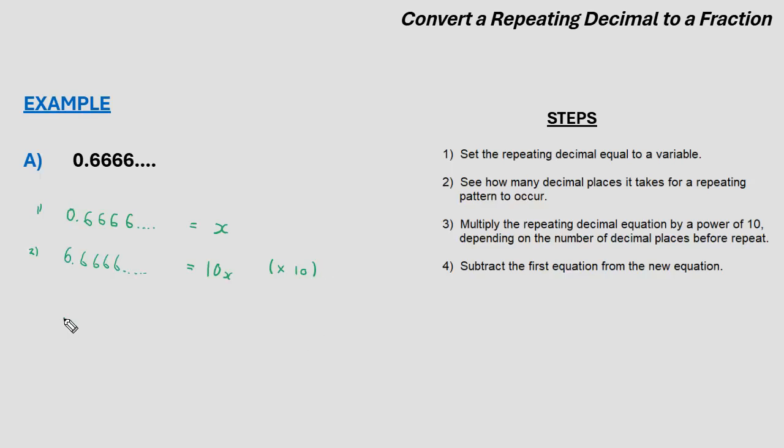So let's do that. So we have 6 point followed by 6s equal to 10x. We're subtracting 0 point followed by 6s. That's equal to x.